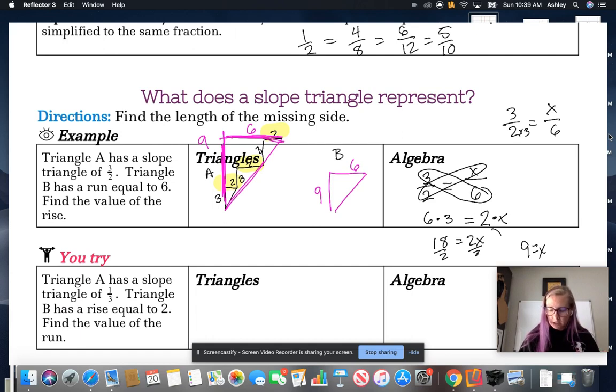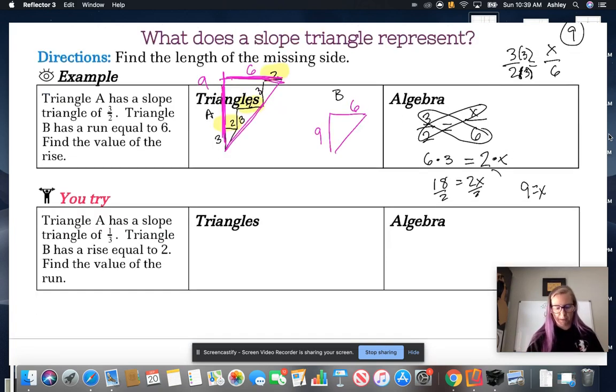So up here, I need to also multiply the top by 3, because that's the way we keep fractions equivalent. Basically, we're multiplying by 1. 3 divided by 3 is just 1. You can multiply anything by 1 and it will stay the same. So when I multiply by 3/3, I get 9/6, so I know my missing value here is 9. Okay, so just 3 different ways that we can think about these problems.